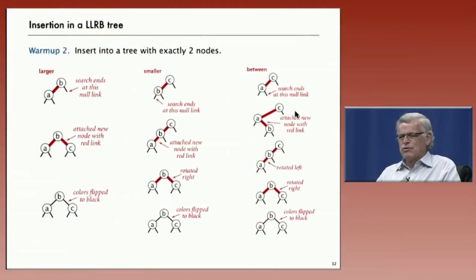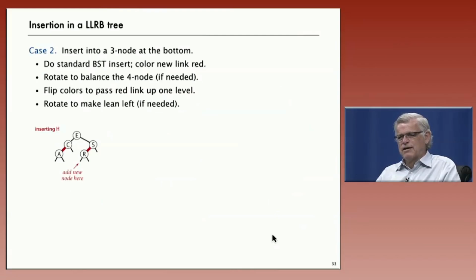So this one we use all three of our operations: rotate left, rotate right, and flip the colors. And that gets us an insertion from a tree that is a single 3 node to a tree that is 3 2 nodes containing 3 keys. So that sort of operation is going to work in a big tree when we insert into a new 3 node at the bottom.